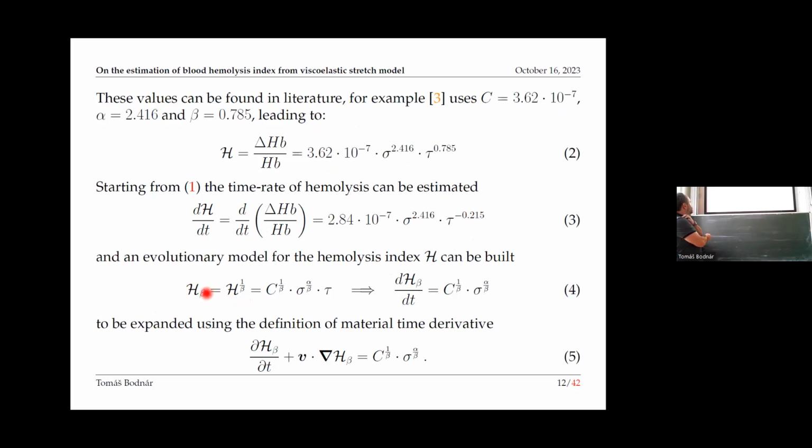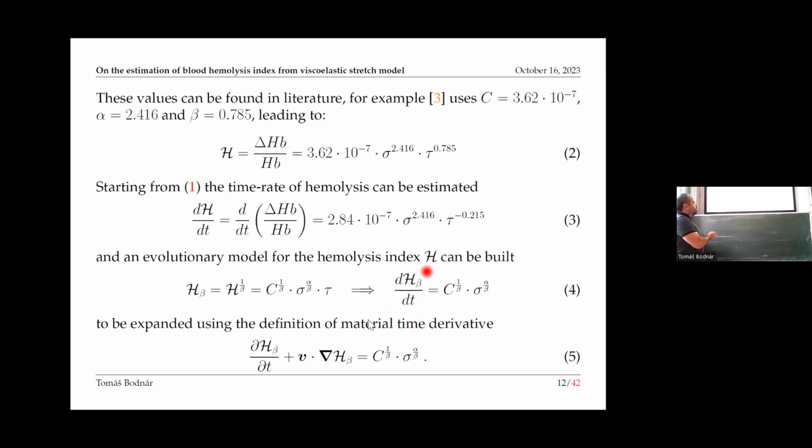This is what we will do here. So we will introduce a new quantity where this exposure time will be to power 1. And then with this new quantity, you will do what you did before with this one. You will take a time derivative and you will only get this simple relation for the rate of change of this, what they call the local hemolysis index.